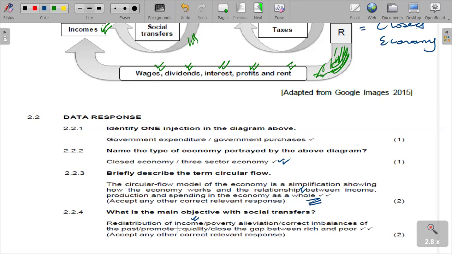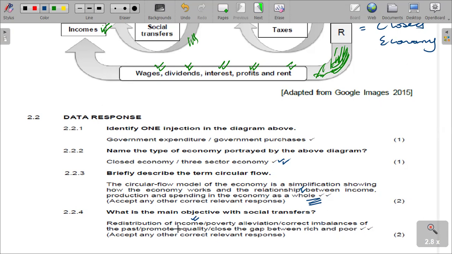So when the government changed, imbalances had to be corrected, to promote equality, to say everyone must have access to the economic factors of the country.